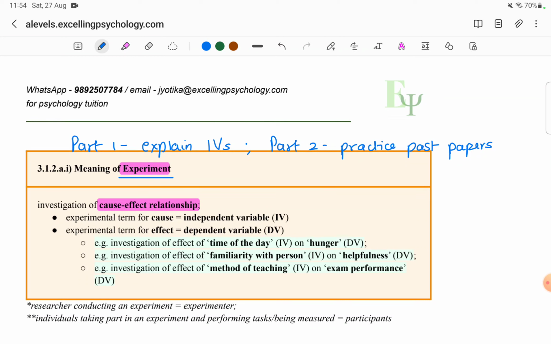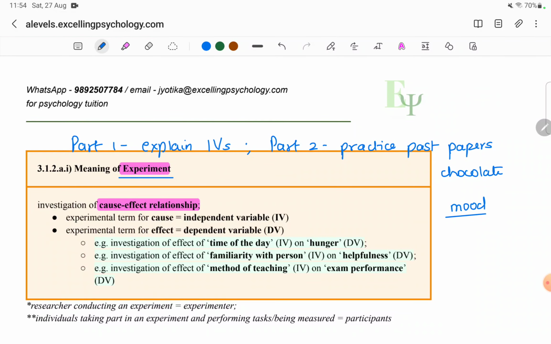Let's take a simple example. Supposing you're interested in what influences people's mood. So as a researcher, you're very interested in knowing what could be the reasons behind the good mood of a person or the bad mood of a person. You might believe that eating chocolate puts people in good mood.